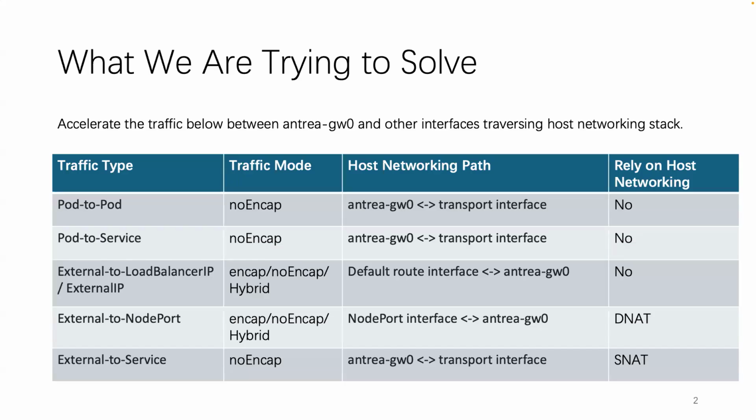Another type is external to service, but its endpoint is on a remote node in no-encap mode. For this traffic type, SNAT is done on host network. The traffic is between antrea-gw0 and the transport interface.